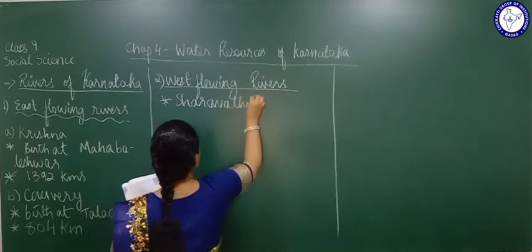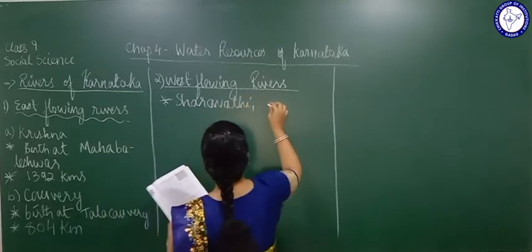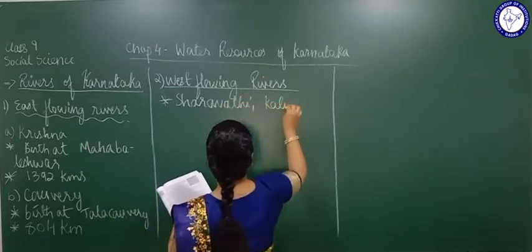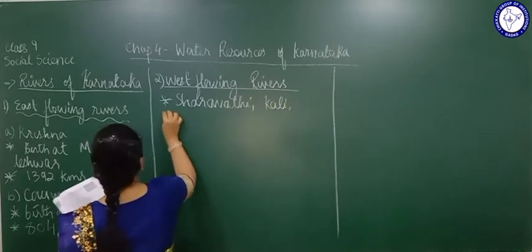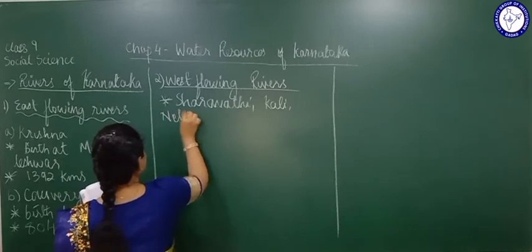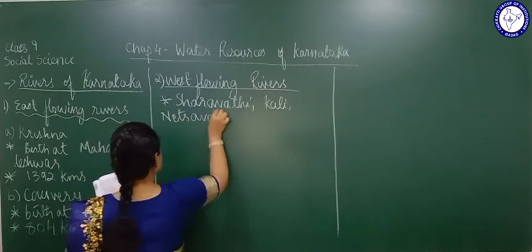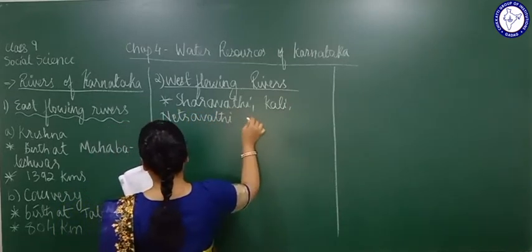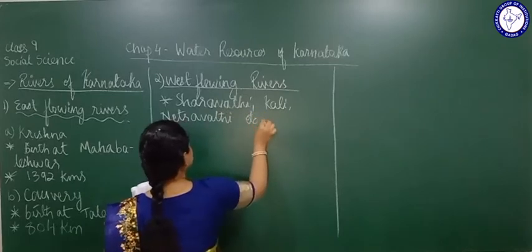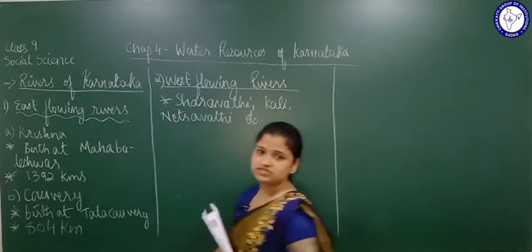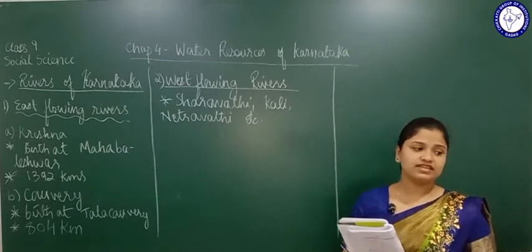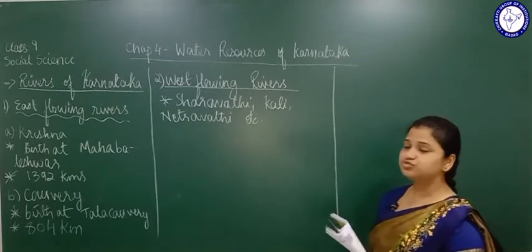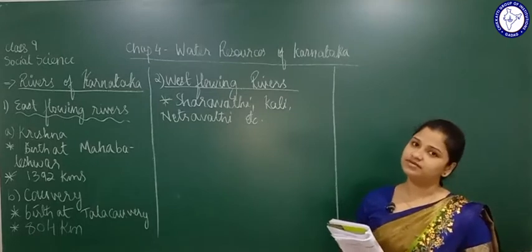Sharavati river, Kali river, and then we have Netravati, etc. These are some rivers which are formed only in the Malnad region, and then they will flow westwards and enter into the Arabian Sea.